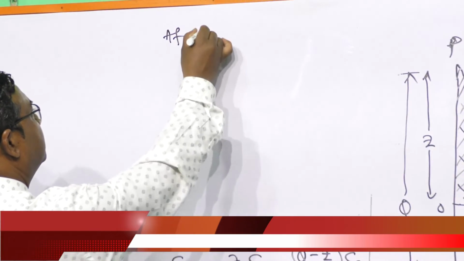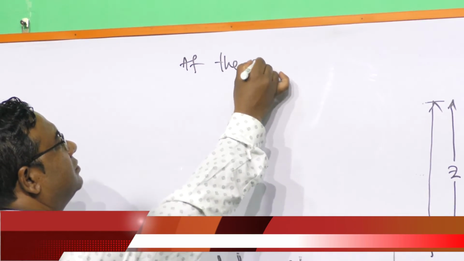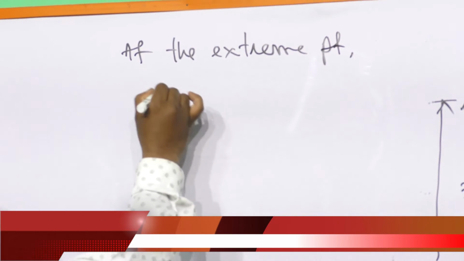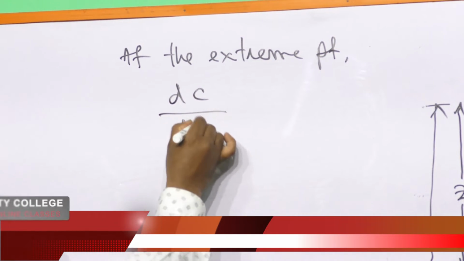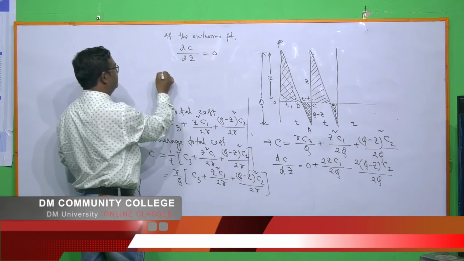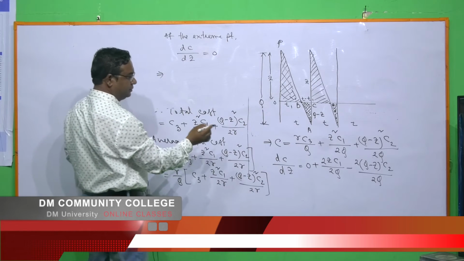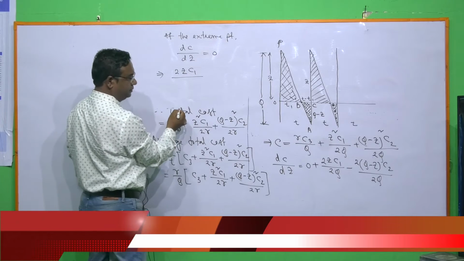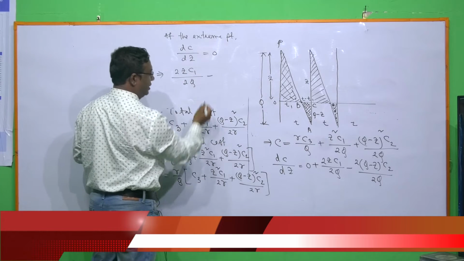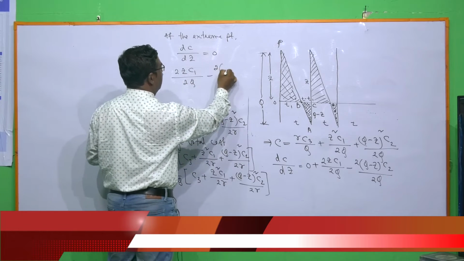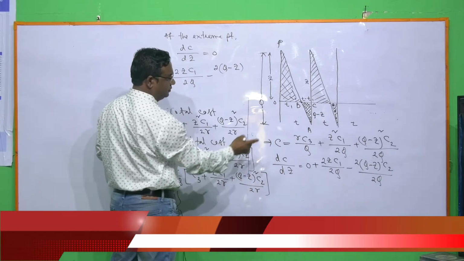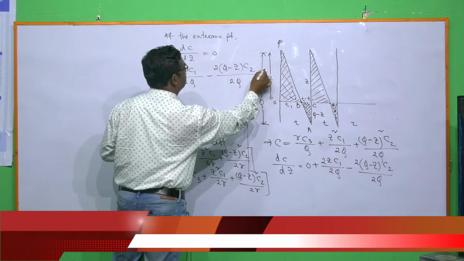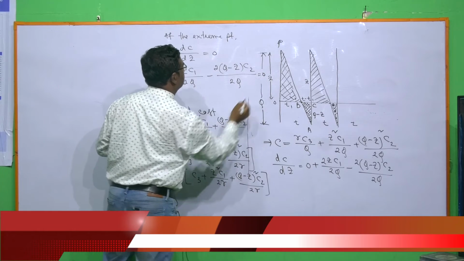At the extreme point, dC by dz equals 0. This implies 2Z C1 by 2Q minus 2 times (Q minus Z) C2 by 2Q equals 0.